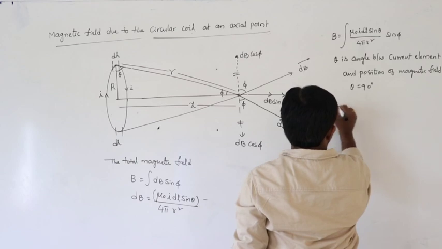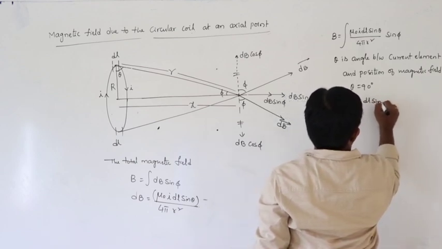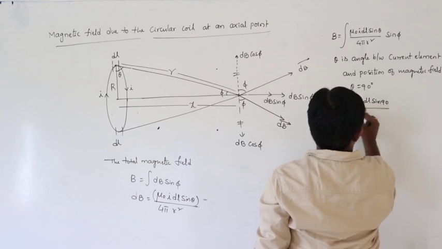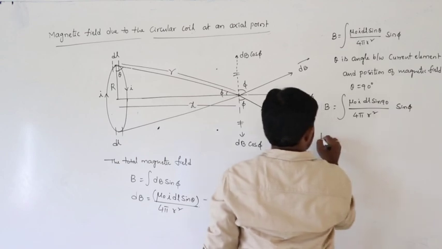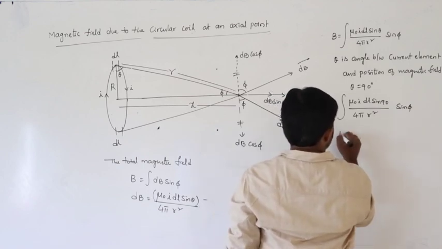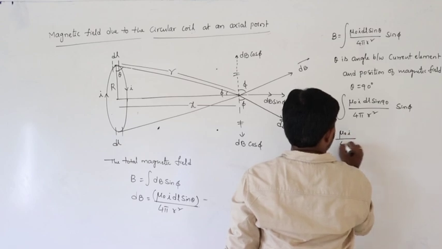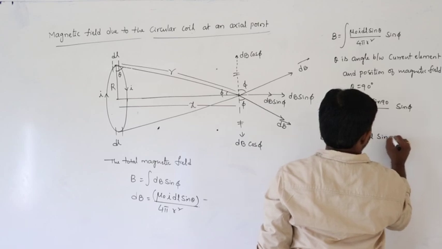So therefore B is equal to the integral of mu naught I dl sin 90 divided by 4 pi r square into sin phi. Therefore B is equal to mu naught I by 4 pi r square integral of dl sin phi.